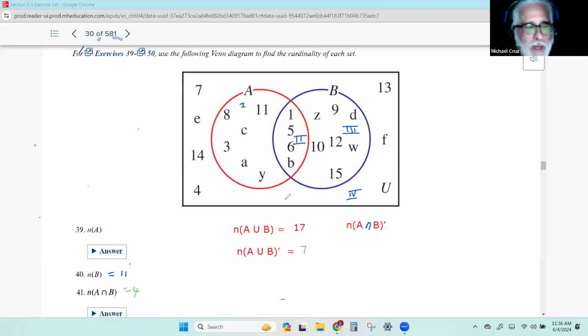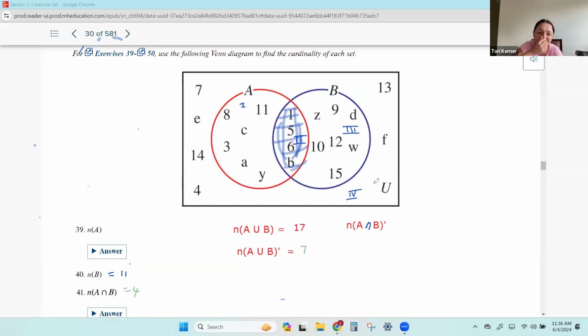So which regions would represent this? Here's the intersection. All right, it's at region 2. So which ones are not shaded blue? 1 and 3.